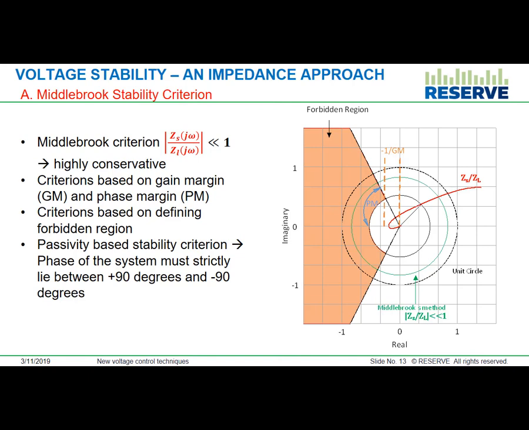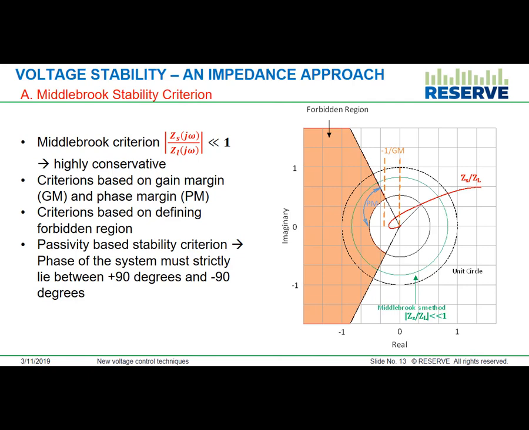So there are other criteria to relax the Middlebrook criterion, because you could have designs where this is greater than 1, but still stability is possible. So there have been various criteria. Some depend on gain margin, so you specify minimum gain margins, or some specify the minimum angle that this ZS by ZL needs to have.